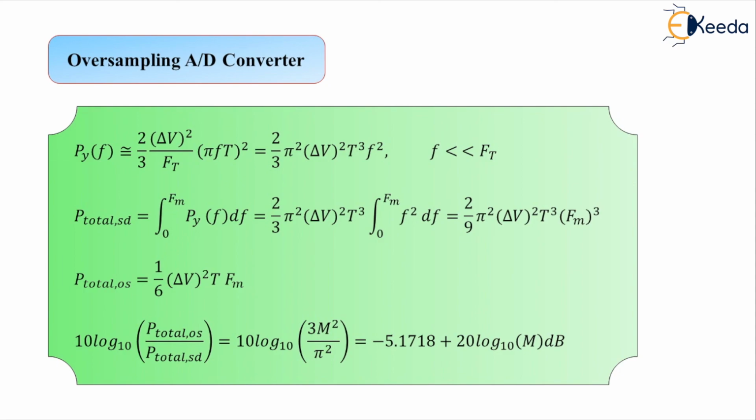So for example, if the OSR is computed for M equal to 1000, the improvement in the noise performance using this particular scheme is about 55 decibels here. So the increase in the resolution here is 1.5 bits per doubling of the OSR.